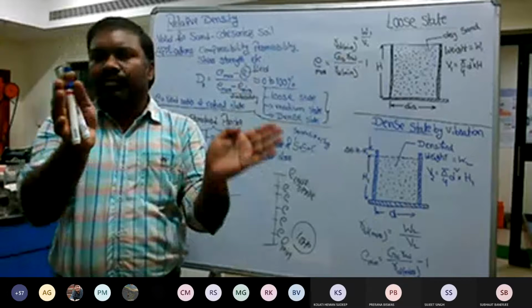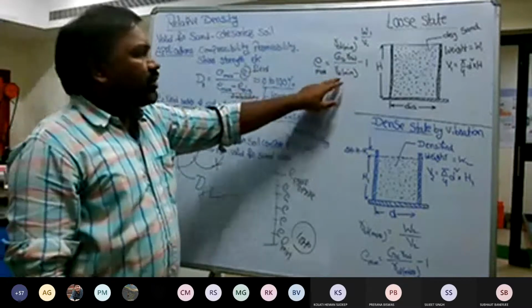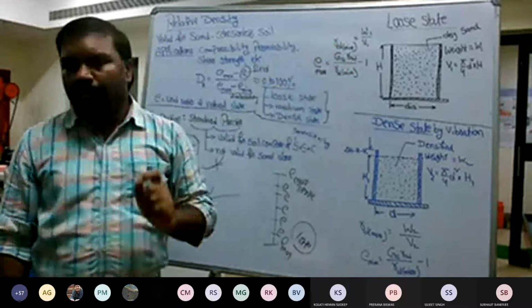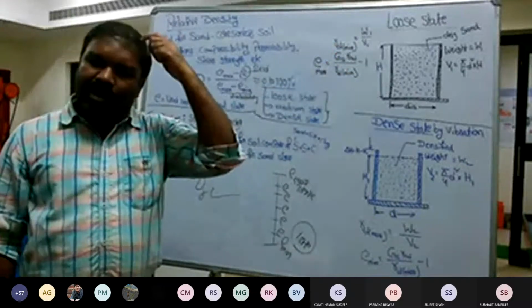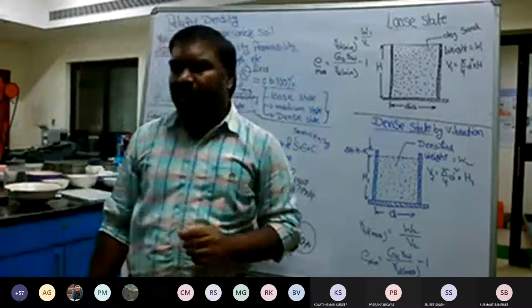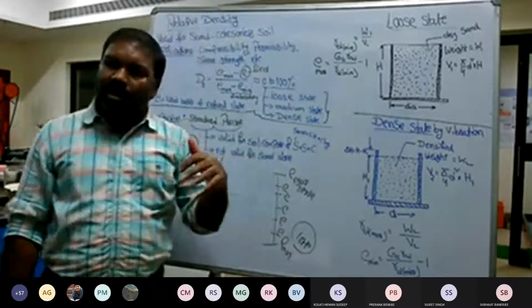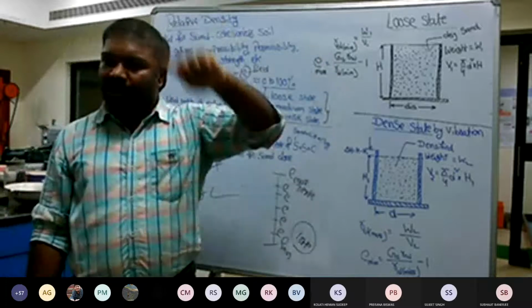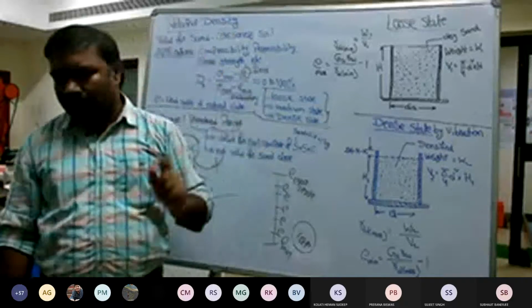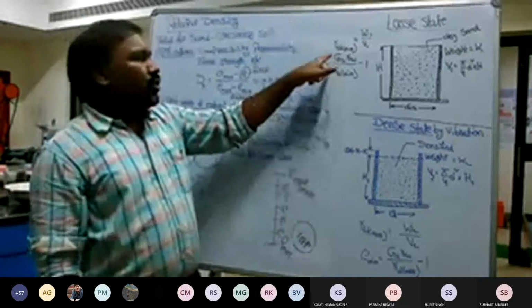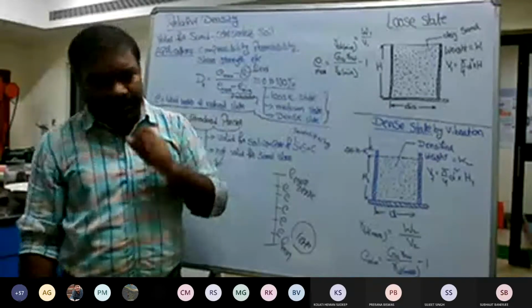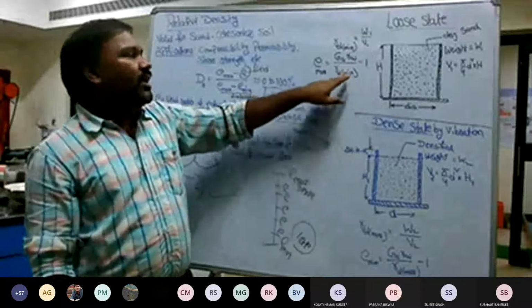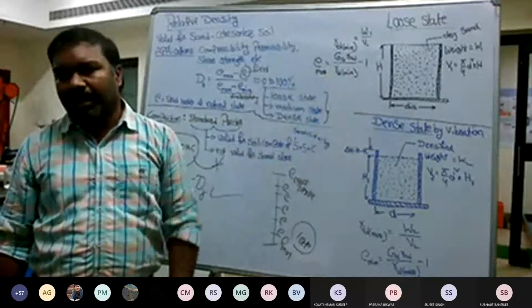Just rearrange your equations. I know gamma d from the weight upon volume, so substitute here. From the second experiment, the specific gravity of the soil, you have already determined for the sand material, so substitute that value directly into this equation. From experiment number 2 you obtain the specific gravity of the sand, and from today's experiment you obtain gamma d minimum. So calculate e max.